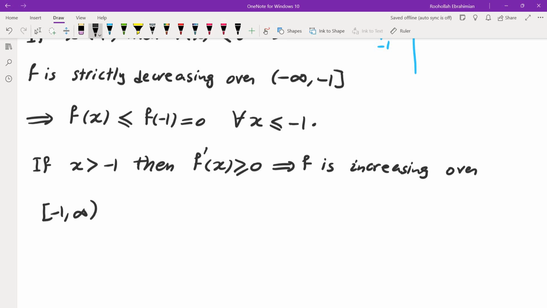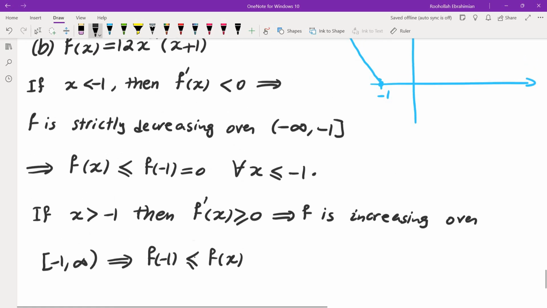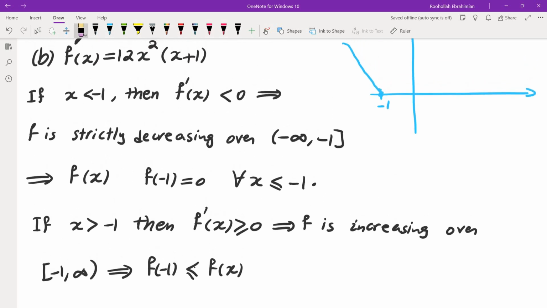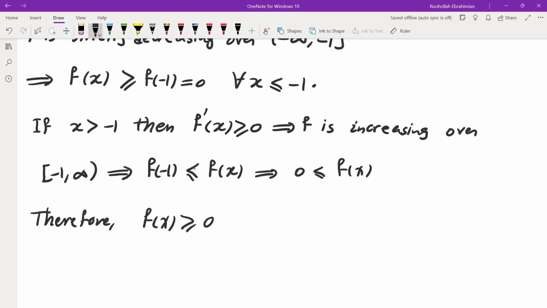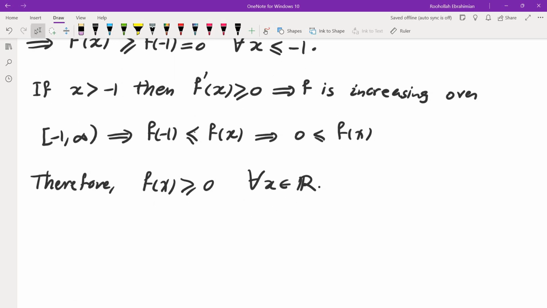So f of -1 is less than or equal to f of x. That means 0 is less than or equal to f of x. Therefore, what we just showed is that f of x is greater than or equal to 0 for every real number x.